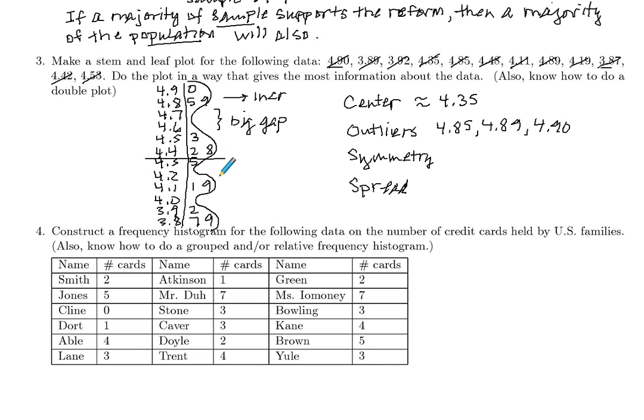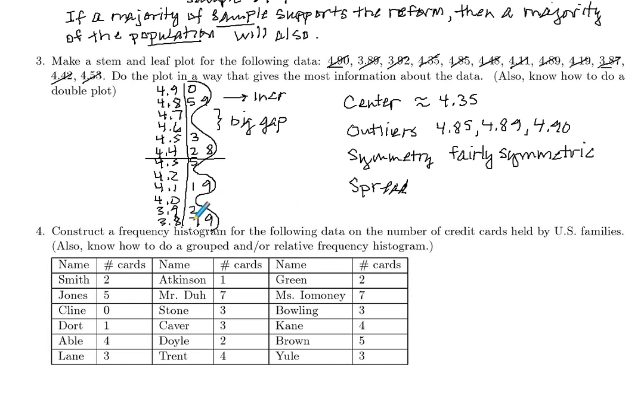I mean, it looks somewhat similar above and below the middle. Not exactly, but you could say that it was fairly symmetric. Certainly not a perfect bell curve, but we do have some symmetry going on there. This bump is kind of offset by this one, and then this bump is kind of offset by this one.